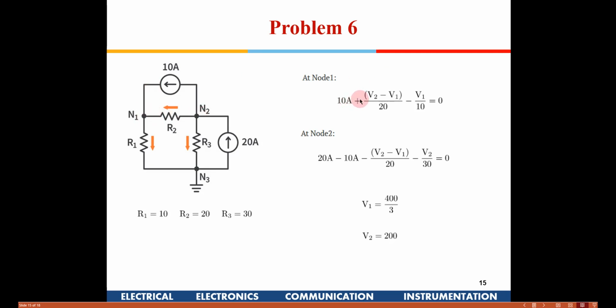So 10 amperes plus the current coming into the node: V2 indicates the voltage at node 2, so V2 minus V1 divided by R2, which is 20 ohms, which is given. And this is the current going out of the node, so that is why we have written a minus here, V1 by 10 is equal to 0. We are basically writing the algebraic sum of all the currents coming into N1 to be 0.